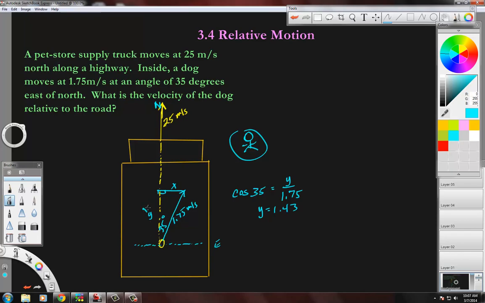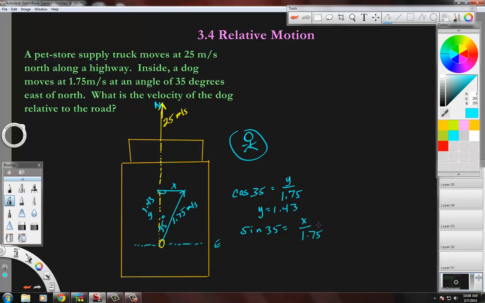So this is 1.43. Now, this little component vector here is moving directly in the direction of the guy outside the truck. So we need to find x, and that's going to be the sine of 35 equals x over 1.75.